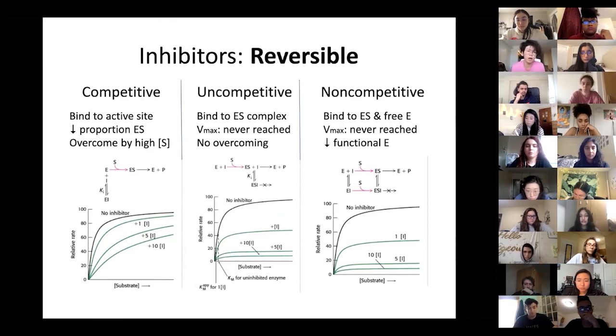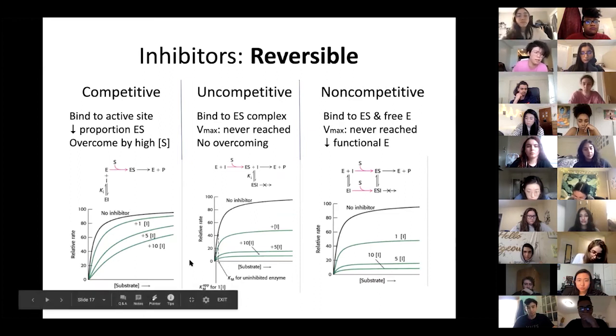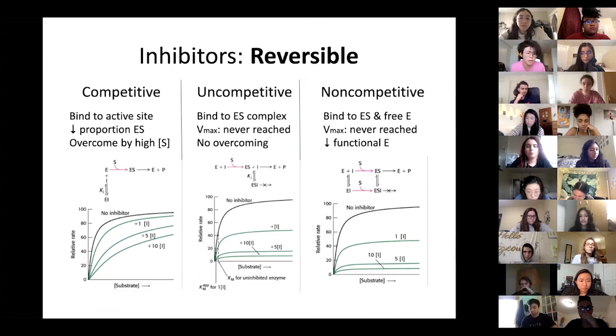It can be overcome by sufficiently high substrate concentration, according to this plot. An uncompetitive inhibitor binds to the ES complex, the enzyme-substrate complex, and makes the activity never reach the maximum rate. And a non-competitive inhibitor binds to both the ES complex and the free enzyme.